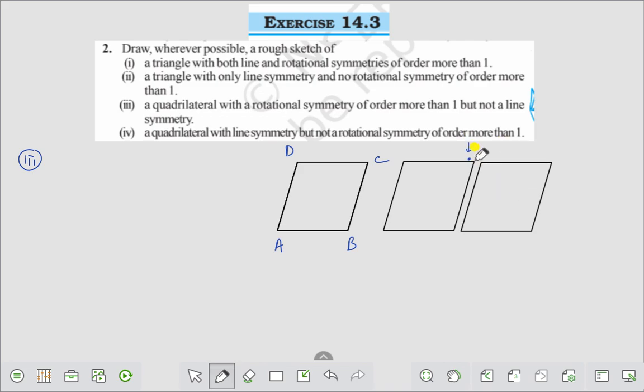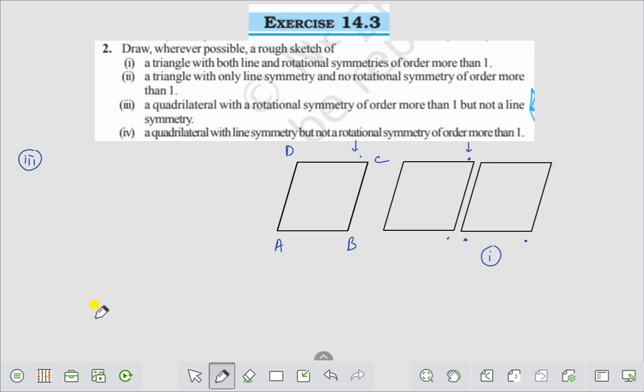If we rotate this one, it will come here, and if we rotate again, it will come here. When the point comes here, then we get the first position. Suppose this is the point. If we rotate once, this point will come here, but we are not getting the symmetry.